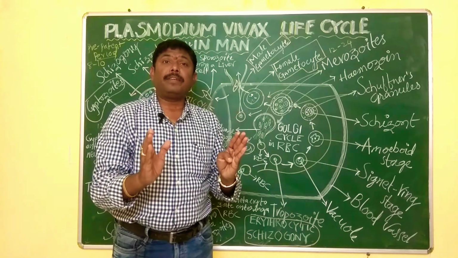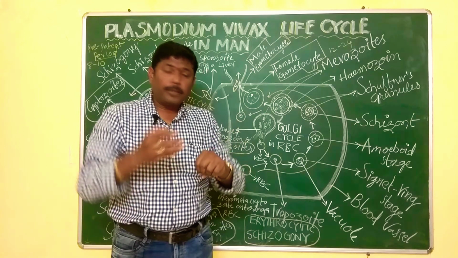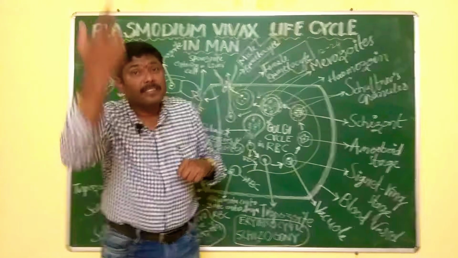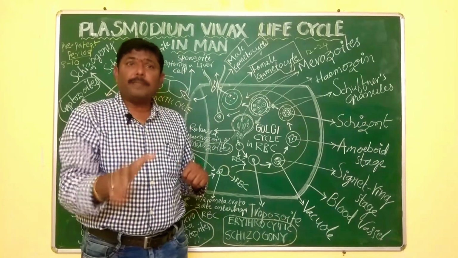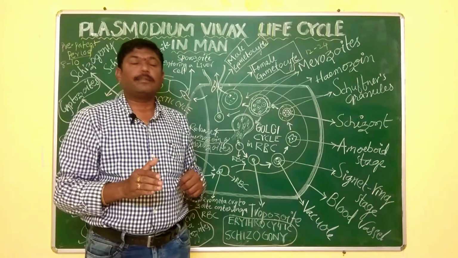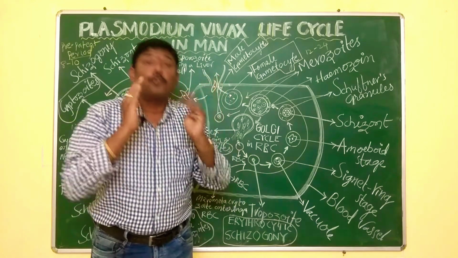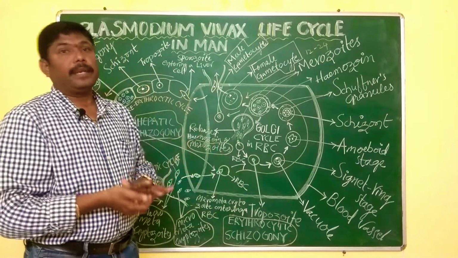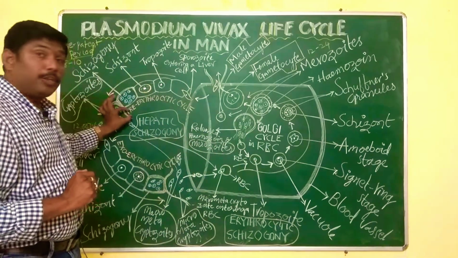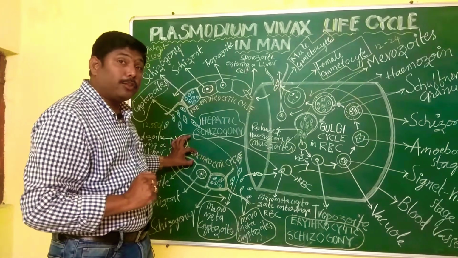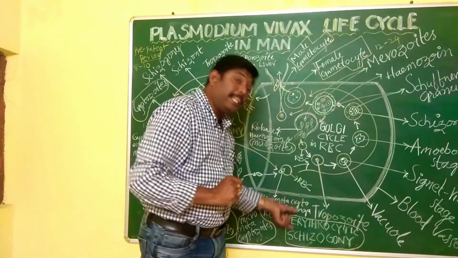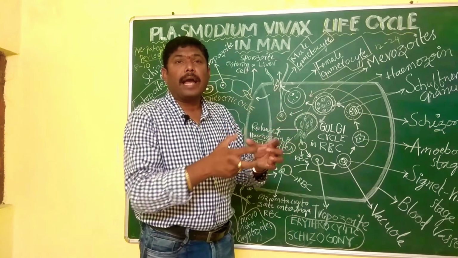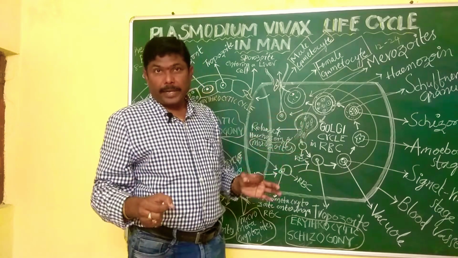The time interval between the entry of Plasmodium into the man in the form of sporozoites and first appearance of malarial symptoms is called as the incubation period. That means in this incubation period it completes pre-erythrocytic cycle, exoerythrocytic cycle and erythrocytic cycle. These 3 cycles combinedly are called as incubation period.